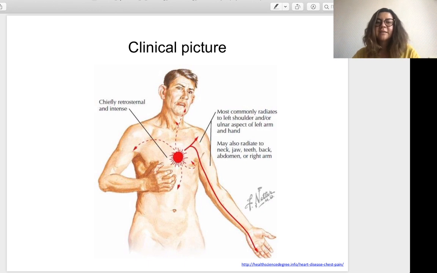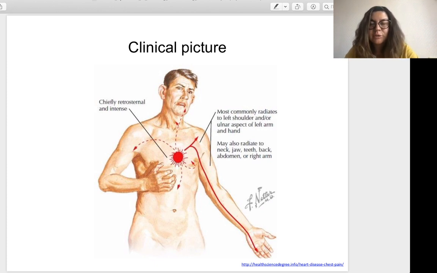It can irradiate to the typical places: the left arm, and typically the left part of the neck, left jaw, left clavicular area, left part of the back, and epigastrium. More rarely, non-typically but possibly, it can irradiate to other parts of the body: the right chest, right arm, another part of the abdomen, the right part of the head. All are possible.